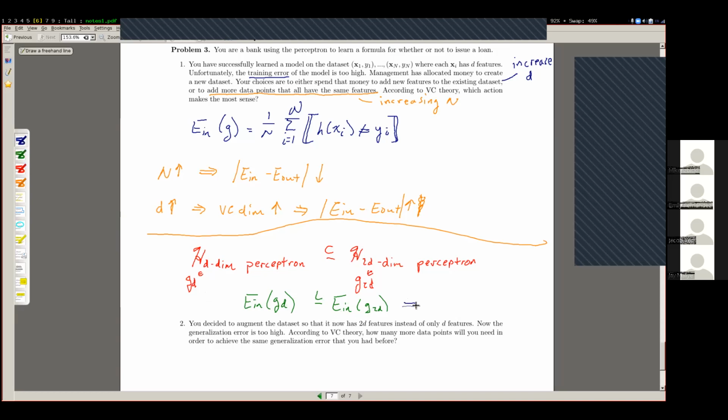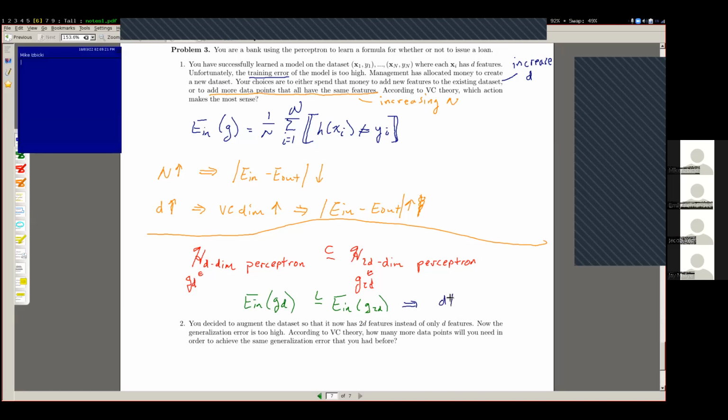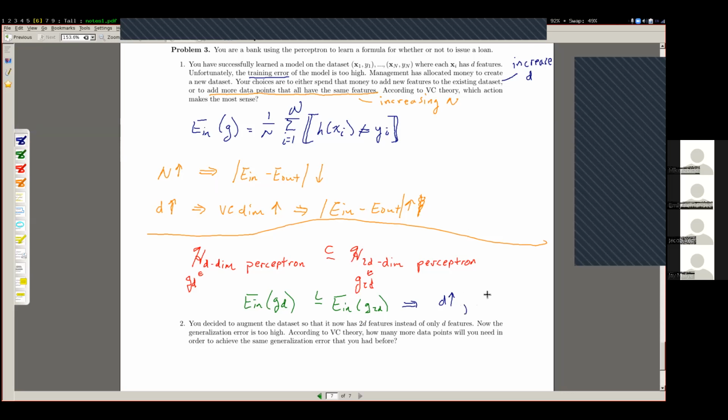So that will imply that as D increases, the training error will decrease.